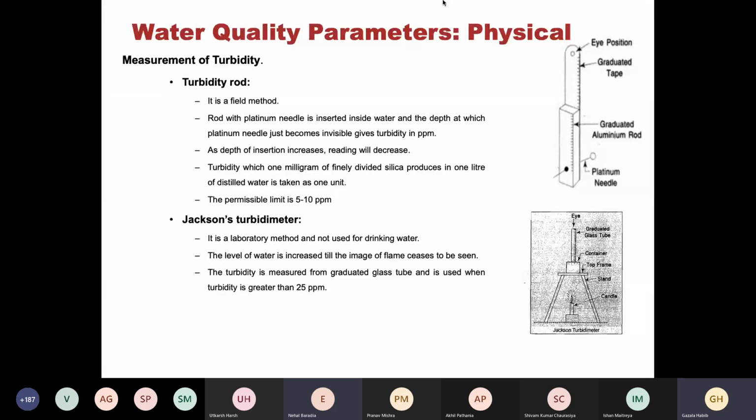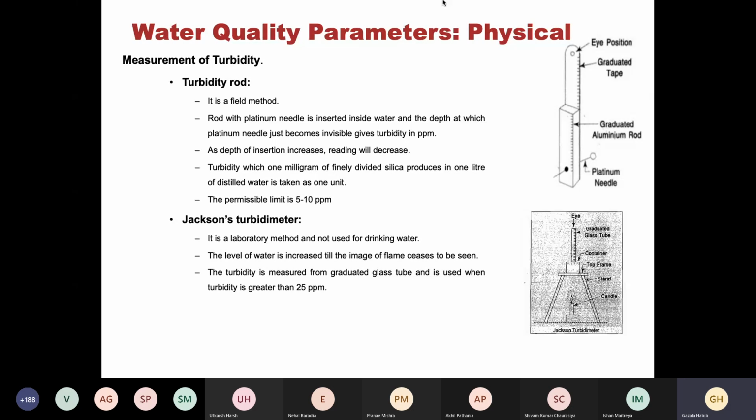Yes, so at a less distance the needle will be invisible.